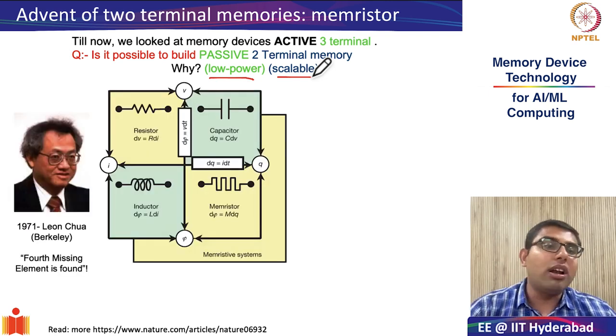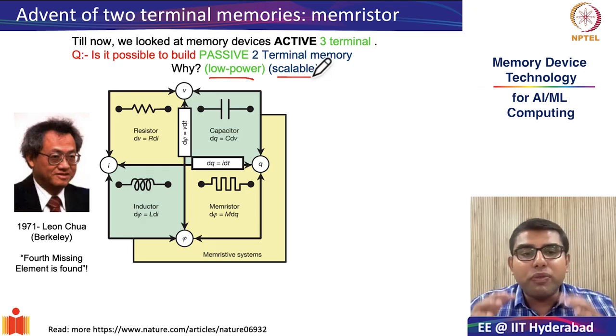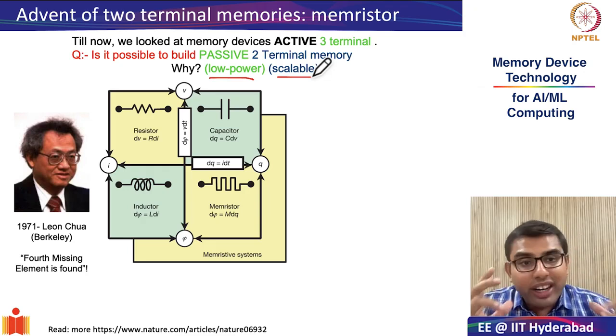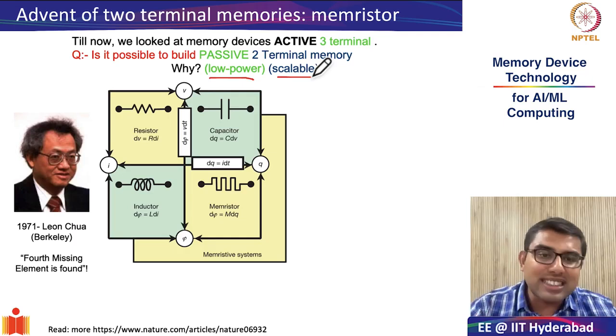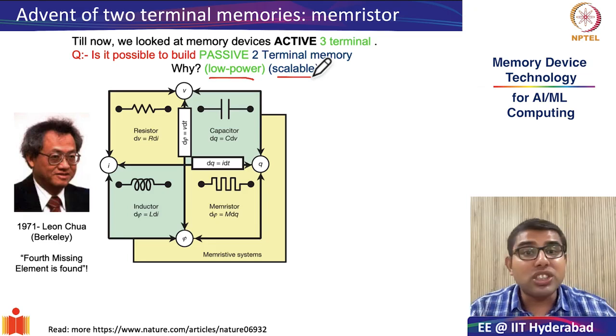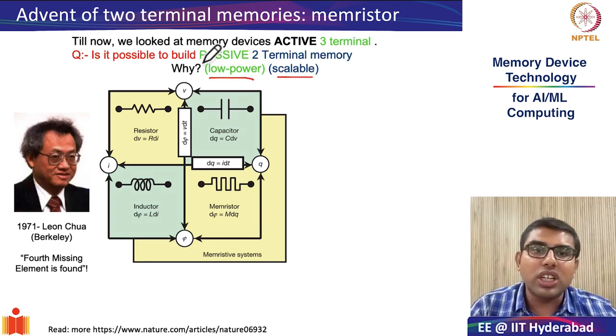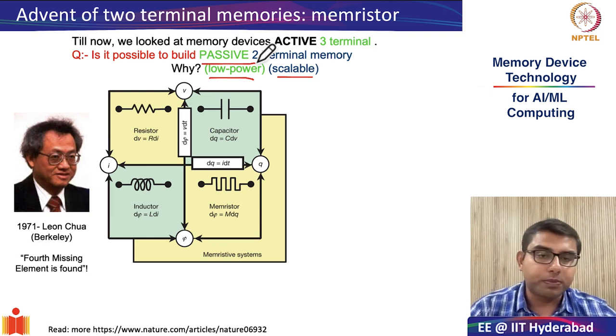And the first proposal came from Professor Leon Chua, who was from Berkeley, in 1971, as early as 1971. And this was a very interesting theoretical search into something called the memristor. Now, this memristor is something that we will look at and study. What is a memristor? A memristor is exactly this. It's a passive two-terminal memory or storage device.